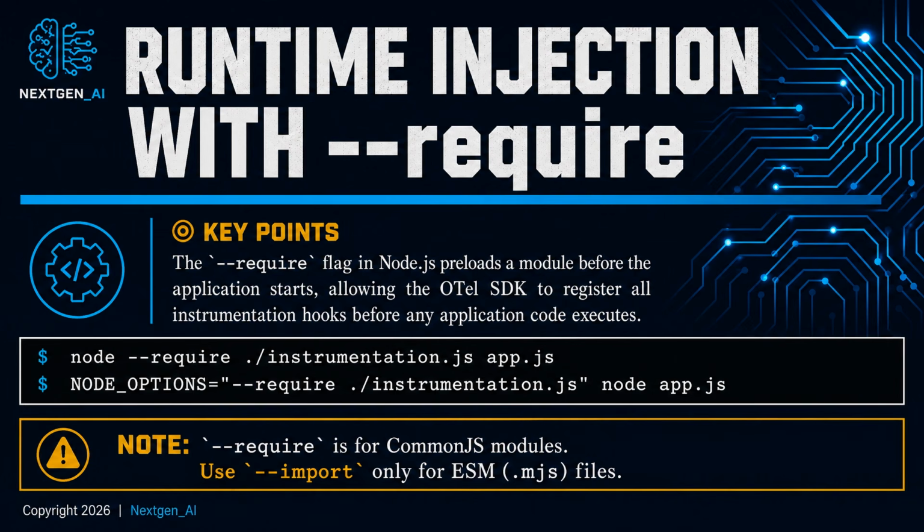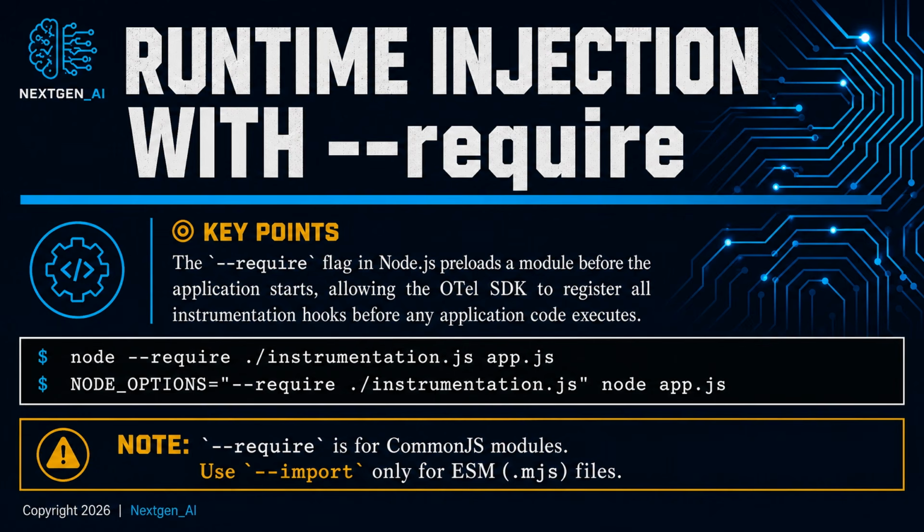This allows the auto-instrumentation libraries to successfully monkey patch the core HTTP and database drivers before your application has a chance to use them. If you were to import the instrumentation file normally inside your application, there is a high risk that some modules would load before the instrumentation hooks were in place, resulting in missing spans and broken traces.